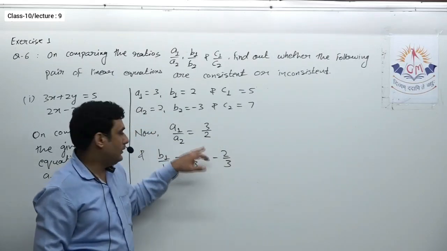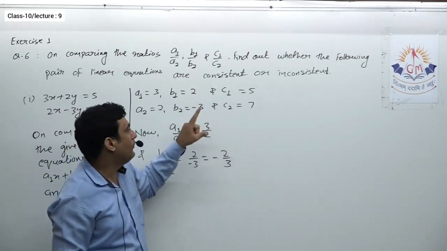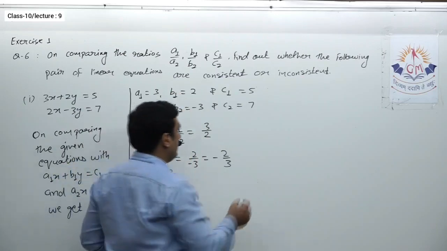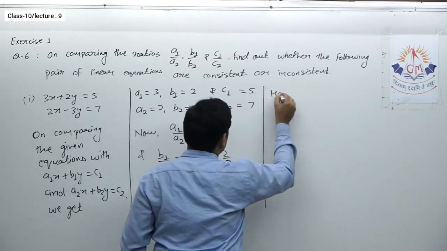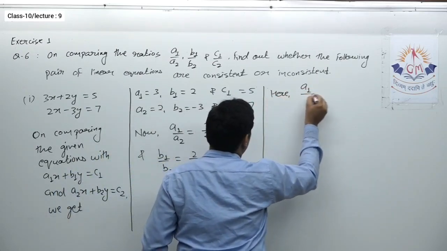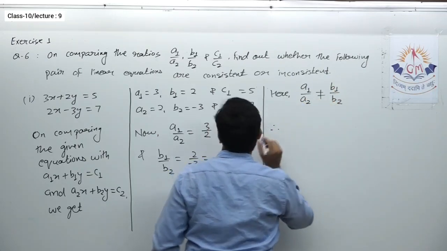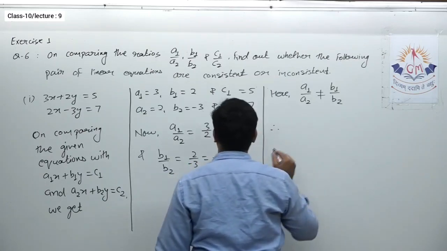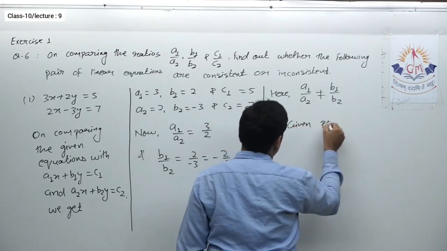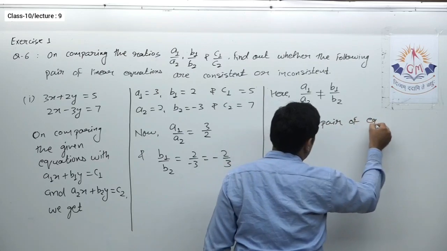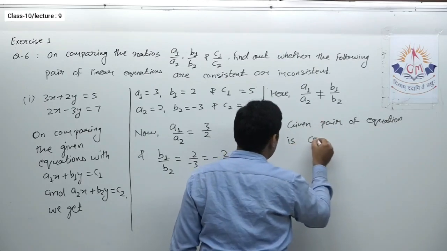Over here I can conclude that a1 upon a2 is not equal to b1 upon b2, therefore the given pair of equations is a consistent system.